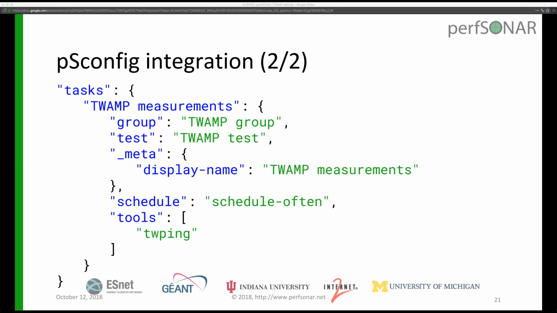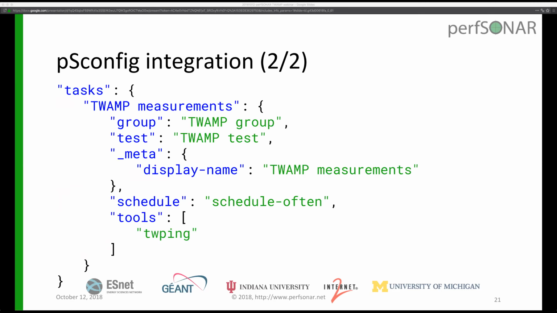So you define this block in your pSconfig for the test, and then you use this test in a task block. And here I call this task TWAMP measurements. I'm using a TWAMP group, which is a special group that I have defined elsewhere in my pSconfig template. To this group, I apply the TWAMP test, and I tell pSconfig the schedule to use for this run of measurements.